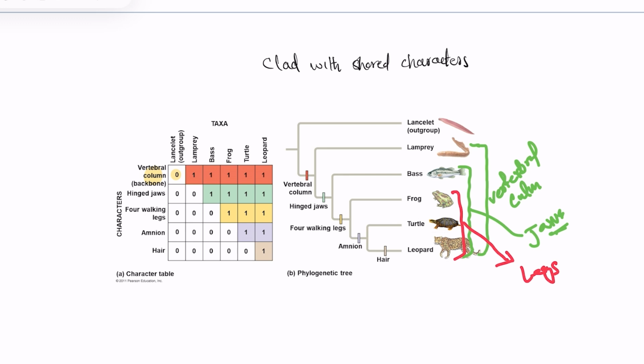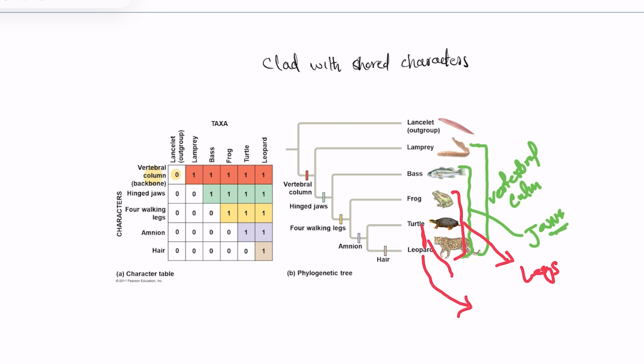Maybe zoology students know about it: it is a membrane found in mammals and some other vertebrates. These two share this membrane character. And hair: only the leopard has hair, so this character belongs only to this one.